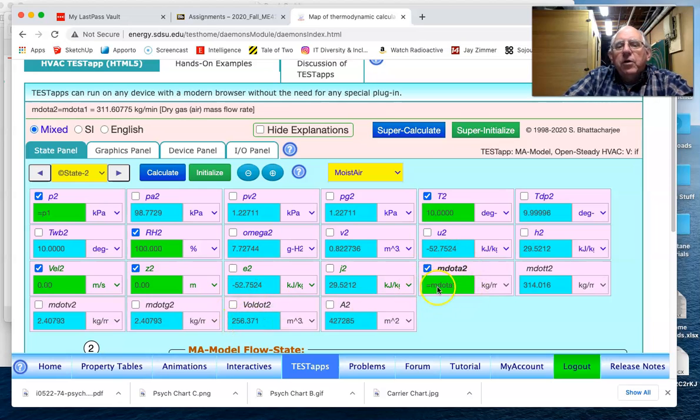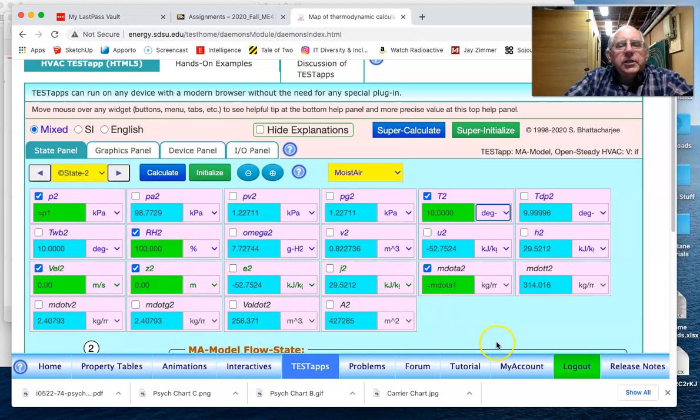The mass flow rate of vapor, because of this lower temperature, is now down to 2.4. That is the flow rate of the vapor associated with this new condition at 10 degrees Celsius and 100% relative humidity. So we have state 1 and state 2.